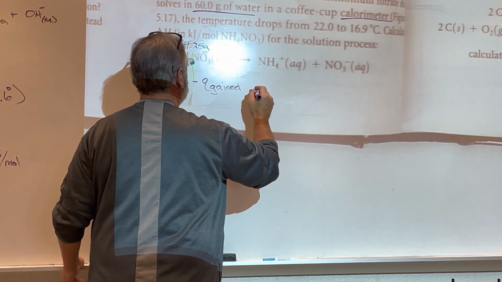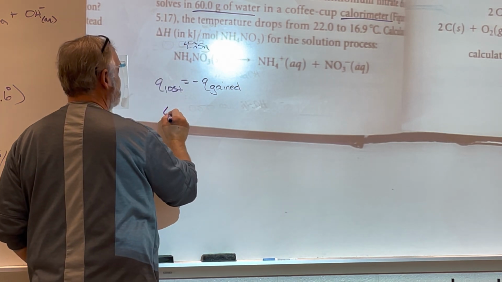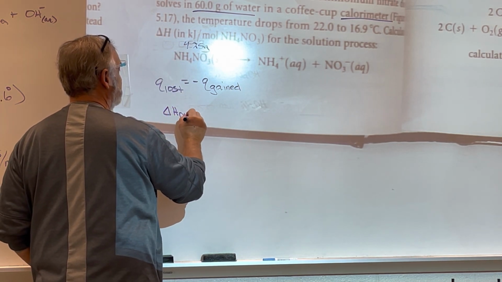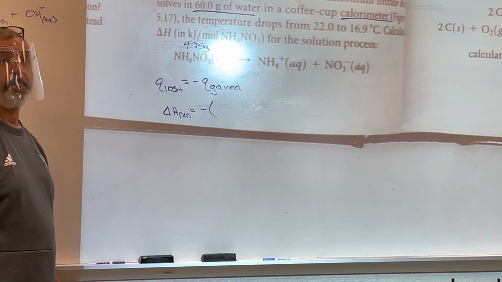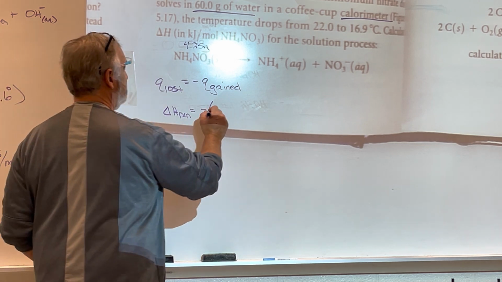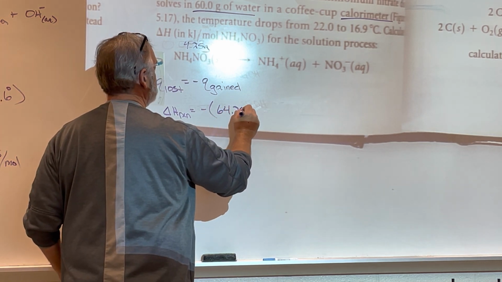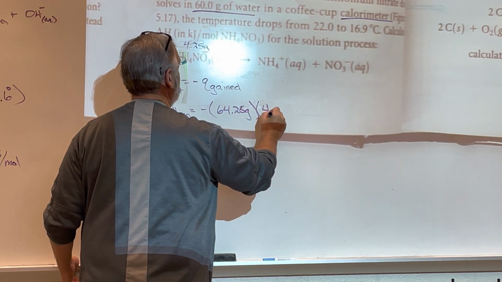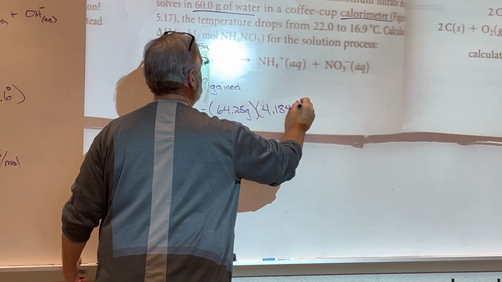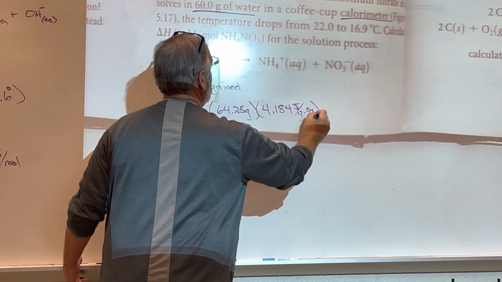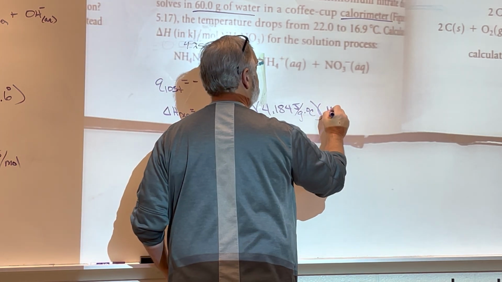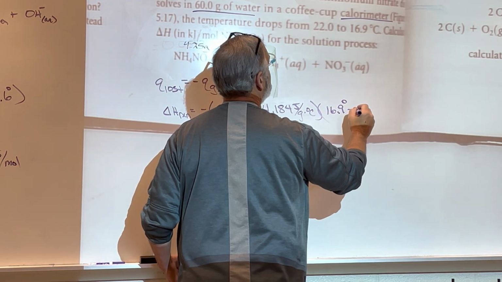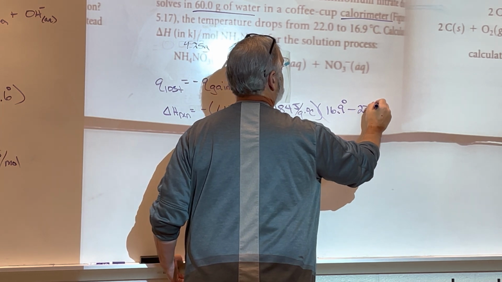And so we can say again, delta H of the reaction is equal to negative times the mass, which is going to be 64.25, times 4.184 joules. But this time it's T final minus T initial, so it's 16.9 degrees minus 22.0 degrees.